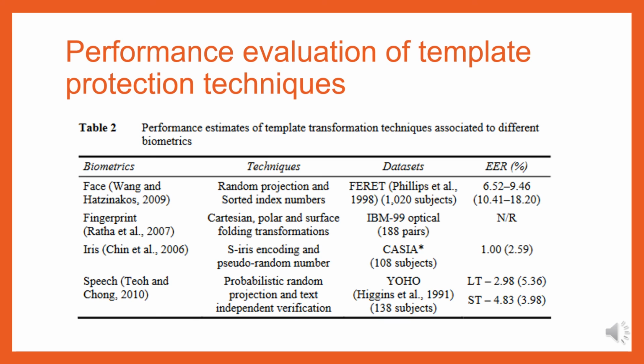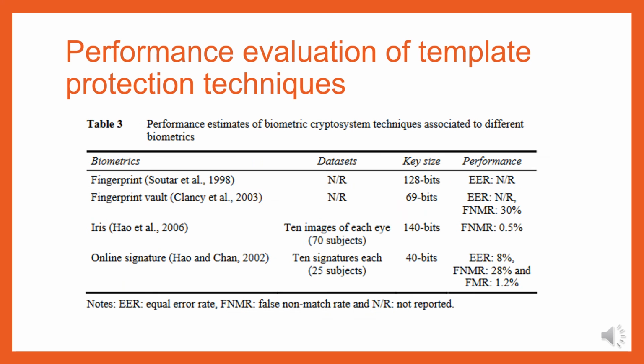The performance of template protection techniques is estimated on different datasets and different test conditions. Analyzing the advantages and disadvantages of each method, it can be observed that the success of the cited template protection techniques has been limited due to conditions imposed by many real applications.